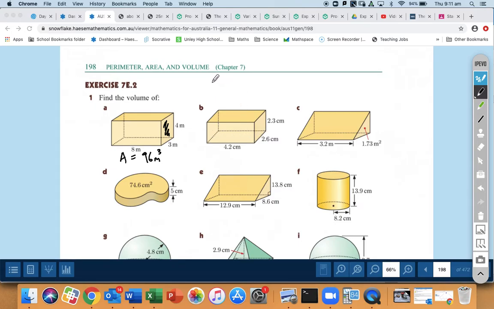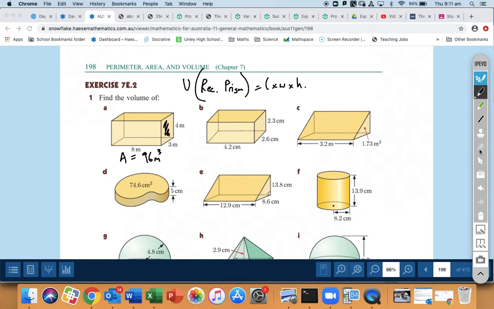There is a formula, so if I had volume of a rectangular prism, it would equal length times width times height. And if you want to learn that formula or write it down, that's fine. That'll work.